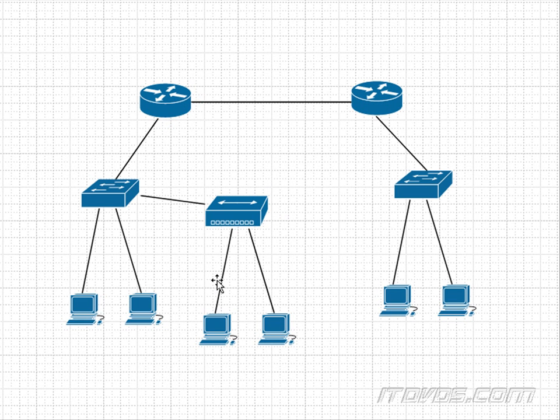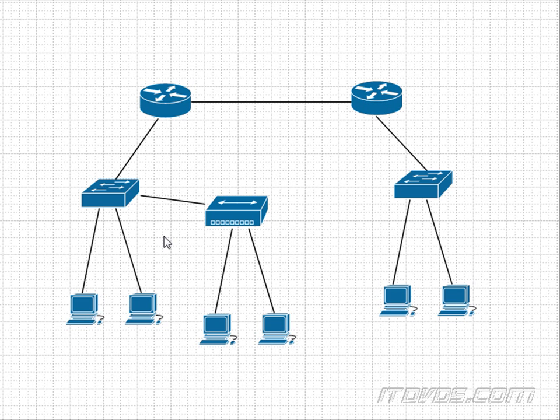Now, why would we want to break up our network into multiple broadcast domains? Well, broadcast packets, because they go to all the hosts on your broadcast domain, they can use up a lot of bandwidth and a lot of network resources. So if I have 1,000 hosts, let's say in this broadcast domain, all it takes is one computer to send out a packet or a layer 2 or layer 3 broadcast, and it's going to use up bandwidth on all the links to all of our other hosts.